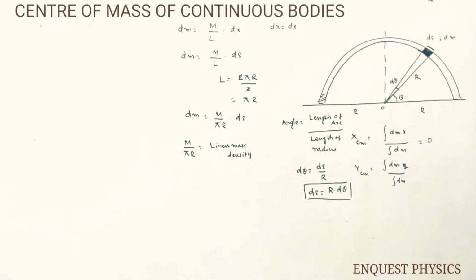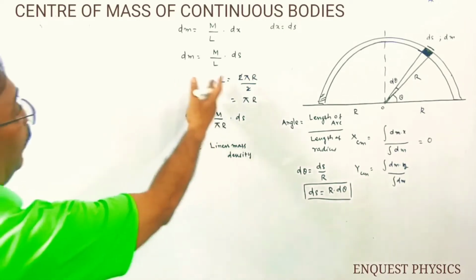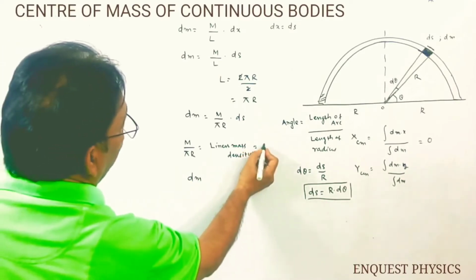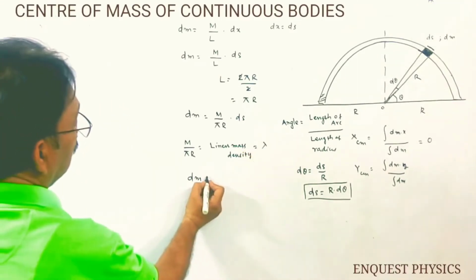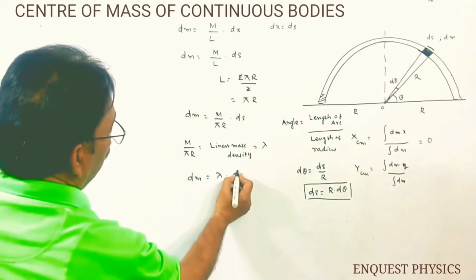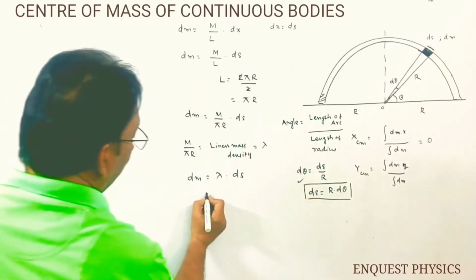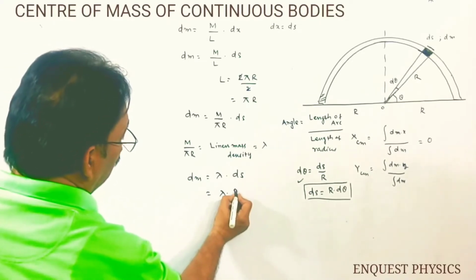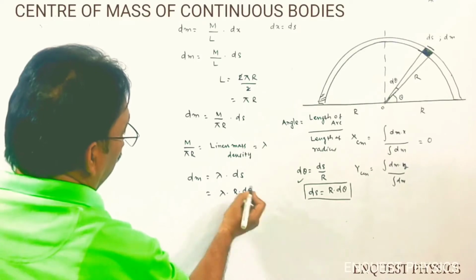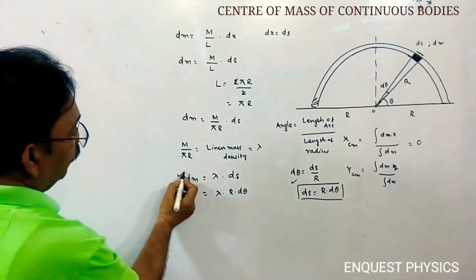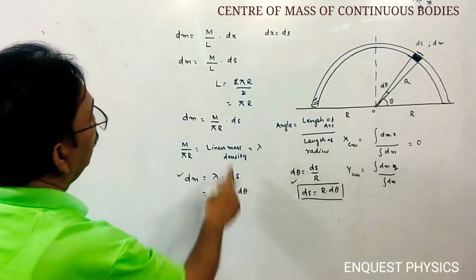Okay students, here in this equation, I am taking it as lambda only, so dm is equal to lambda into ds. We have ds equal to r d theta, so dm is equal to lambda into r into d theta.